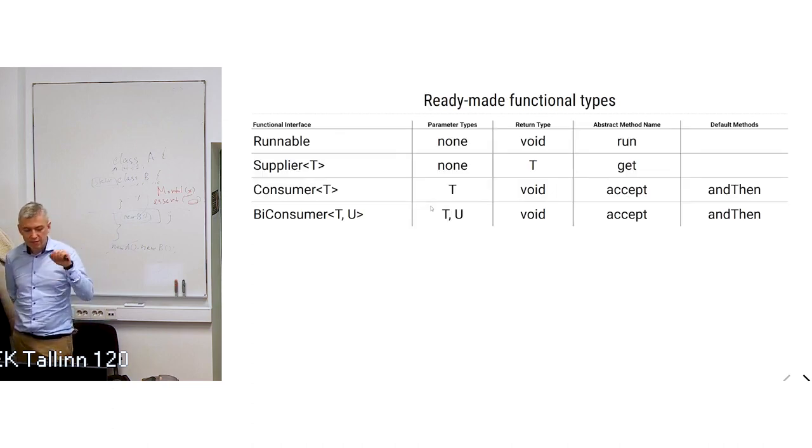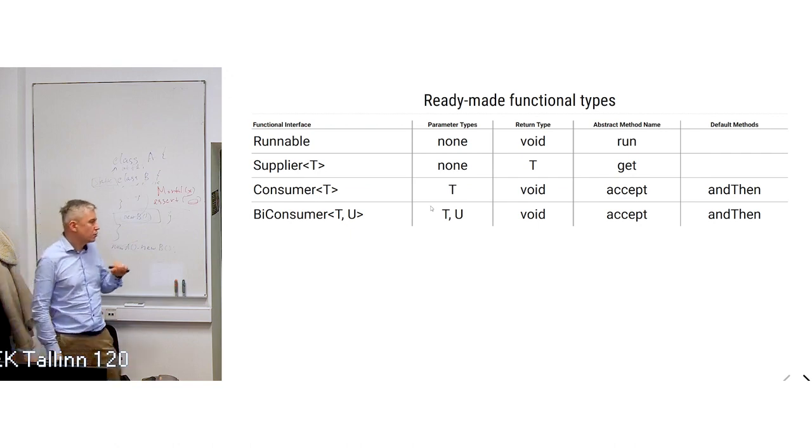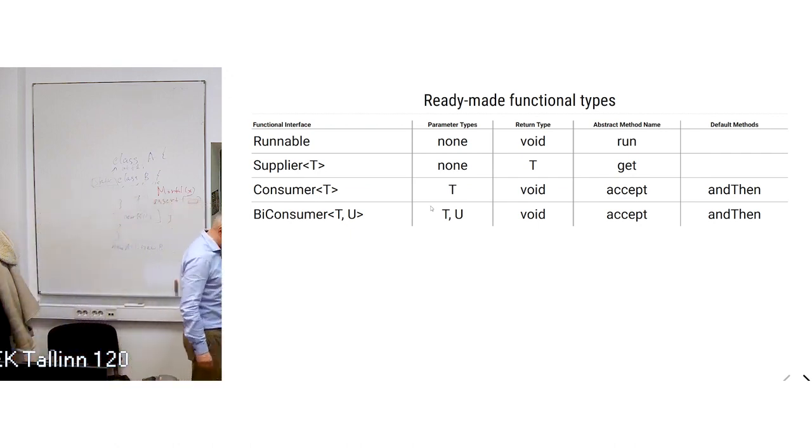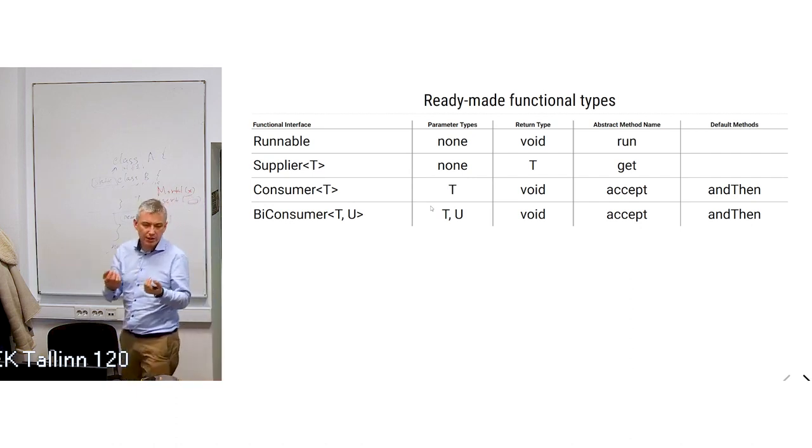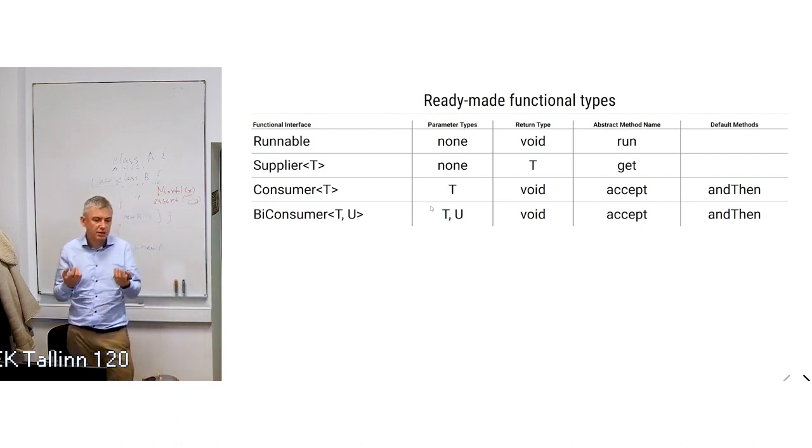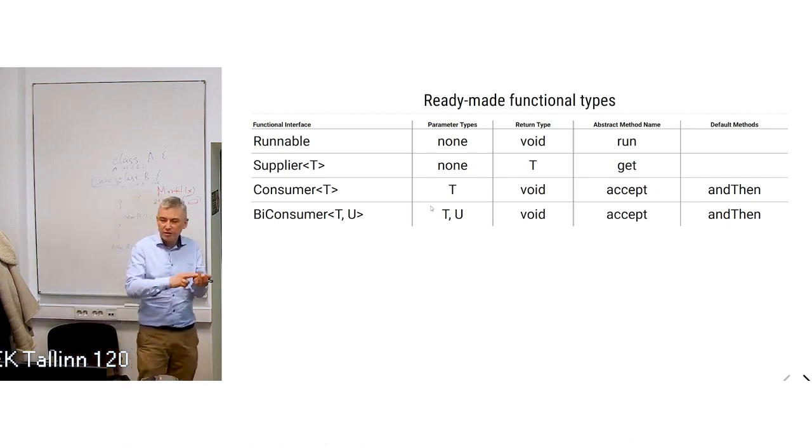Using these functional types, we can also do some functional programming, like combining lambdas into another lambda. When I told you about lambda expressions and that method references are just expressions, what can we usually do with expressions? If expressions are numerical, then we can add, divide, multiply, and do stuff with numbers.